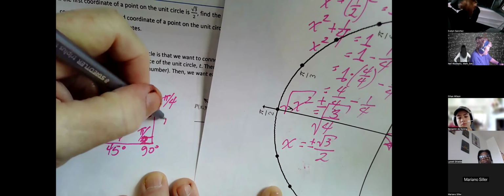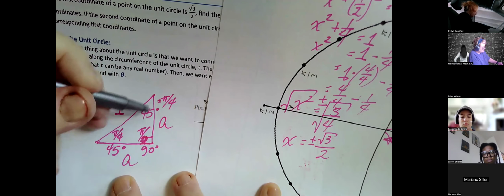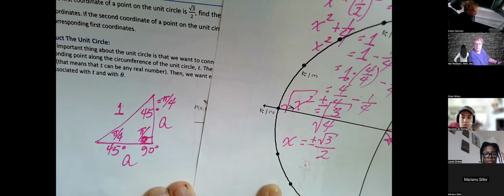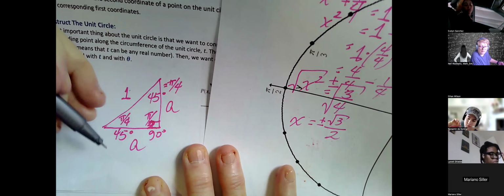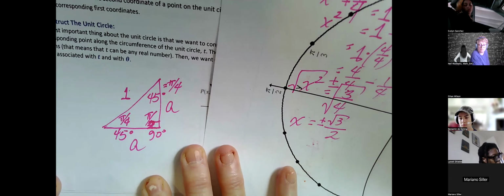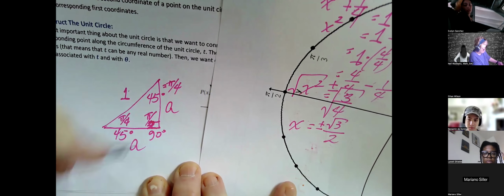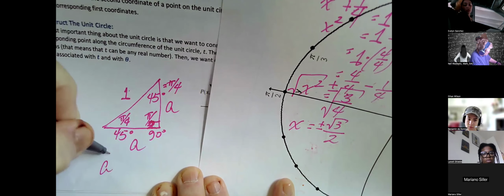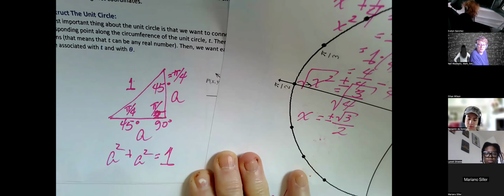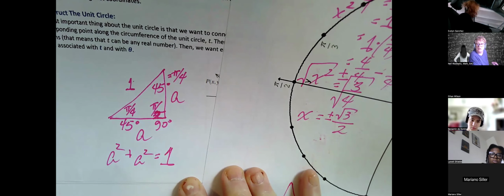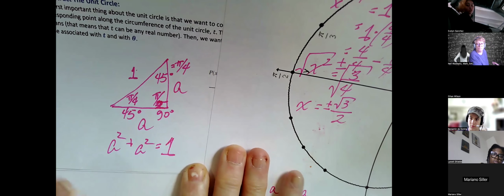So let's call them both A. We know that whatever A is, it has to be the same on both. Well, how can we find it? What do we know about these three sides? A squared plus A squared would be 1. Beautiful. And A squared plus A squared is? A to the 4th. No, we're adding.